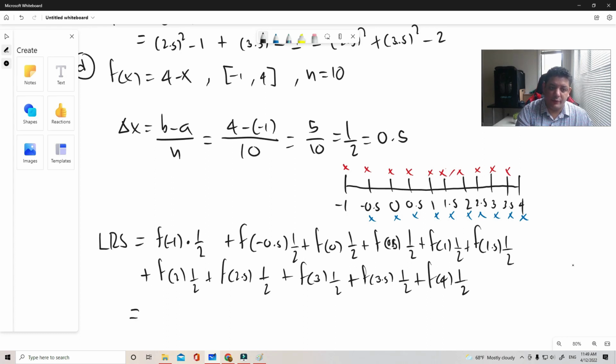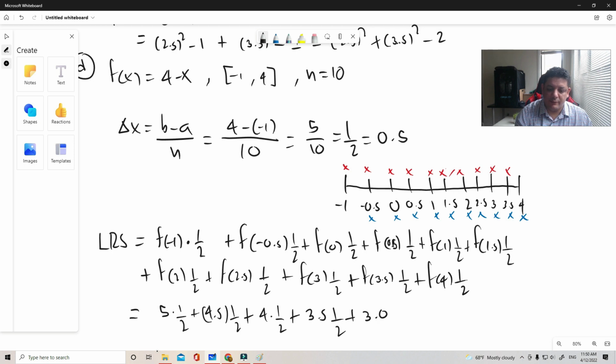Then you plug, of course, into the function whatever you got. So for example, minus 1 is going to produce a 5, right? So 5 times 1/2, and if I plug in minus 0.5 here, I'm going to get 4.5 times 1/2. At 0, I'm going to get 4 times 1/2. At 0.5, I'm going to get 3.5 times 1/2.